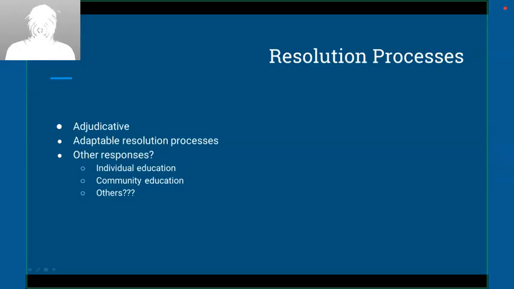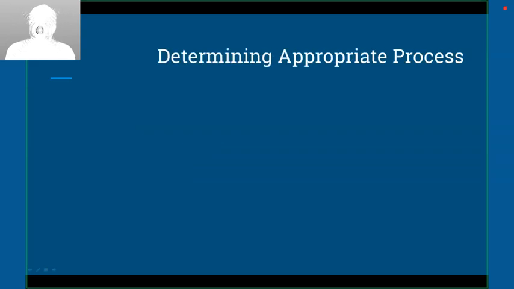And as long as it is in keeping with your policies and your framework, it's okay to think creatively and be flexible. The resolution processes must always be equitable. That is a fundamental, critical characteristic of any, whether it's adjudicative, whether it's an adaptable resolution process or something else. It must be equitable.